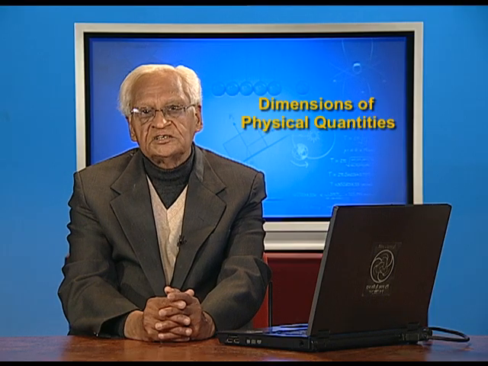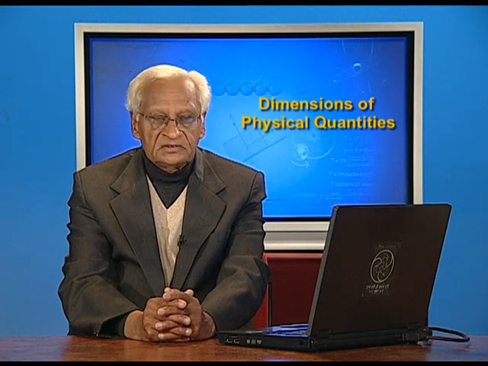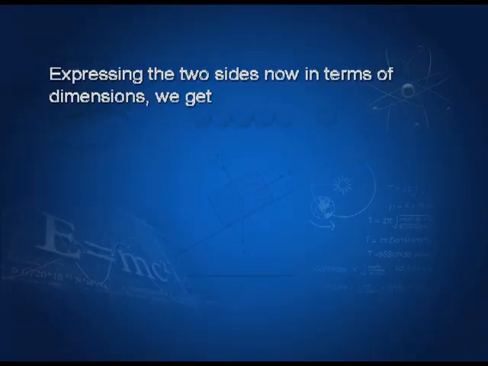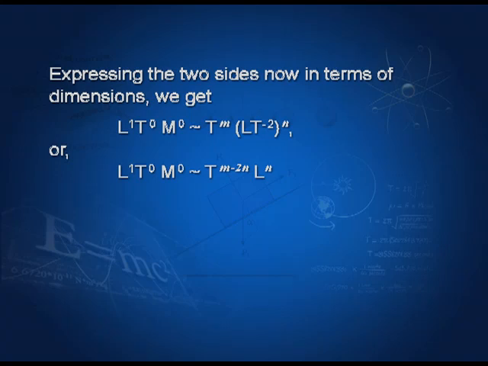Expressing the two sides in terms of dimensions, we get L to the power 1, T to the power 0, M to the power 0 is proportional to t to the power m into L T minus 2 whole to the power n, or L to the power 1, T to the power 0, M to the power 0 is proportional to t to the power m minus 2n into L to the power n.